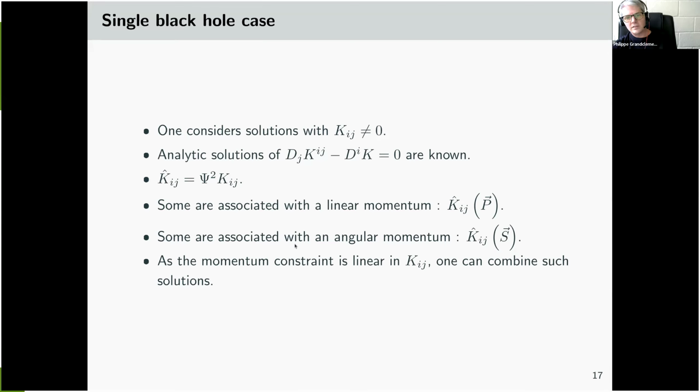And some are associated with angular momentum, meaning they are going to describe something that rotates. I'm not giving the actual expression there. They can be found. And the idea, as the momentum constraint equation is linear, is to combine such solutions to get something that you hope is meaningful, meaning something that will represent black holes on a quasi-circular orbit, for instance. So it's all based on the fact that you know all the solutions to that equation, and you know them analytically.